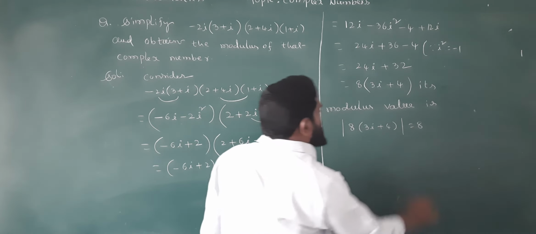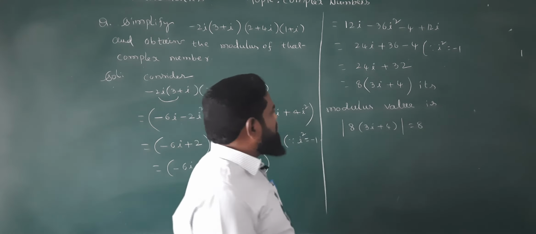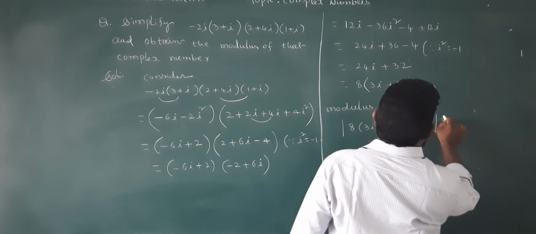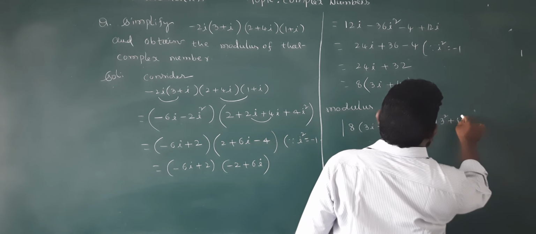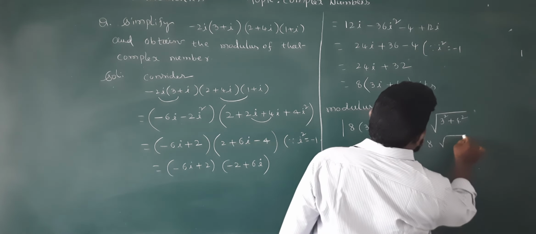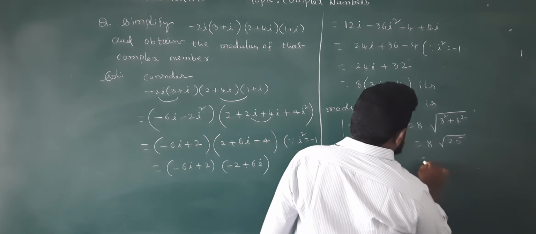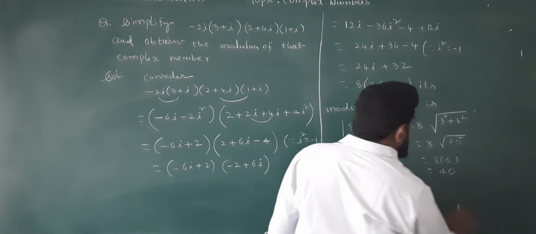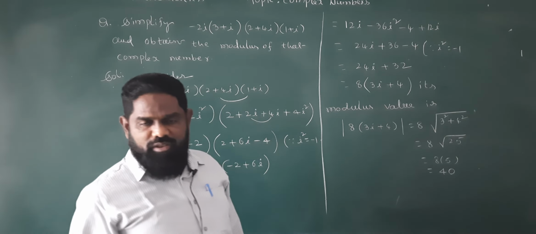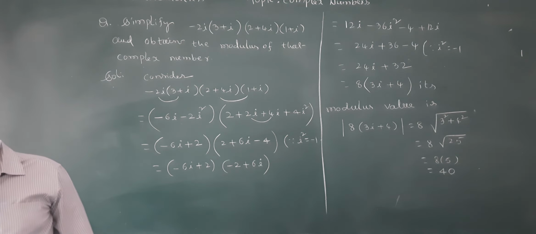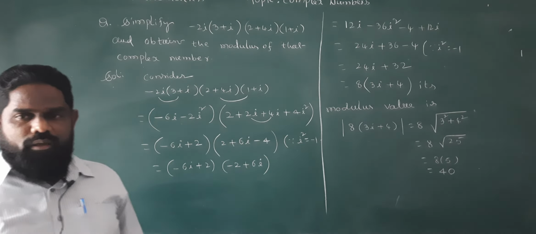Take 8 out, modulus of 3i plus 4 or 4 plus 3i is the root of real part square plus imaginary part square. How much will come? 25, whose root is 5. 8 into 5, what will come? The modulus will come as 40. Understand? Let us go for one more problem.